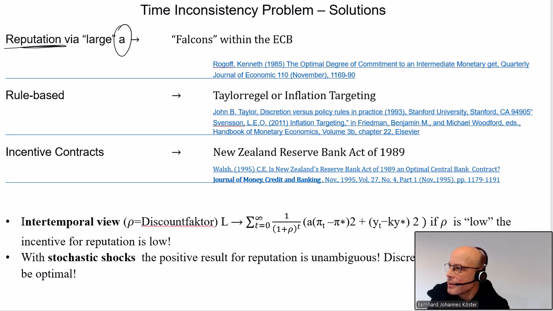And maybe somehow right now we have this problem in the United States. The Fed has built up a high reputation of being independent, because in general we can assume that the government has always an incentive to push the economy.